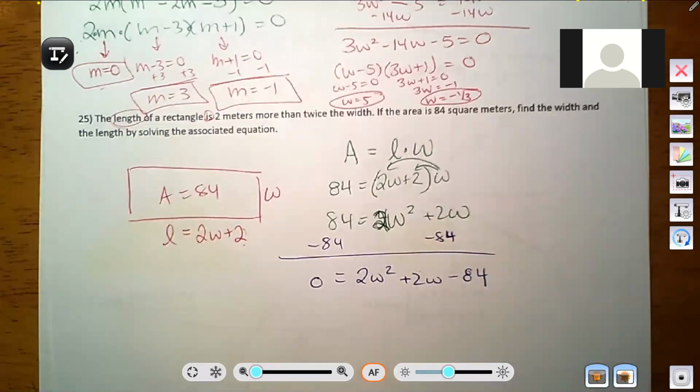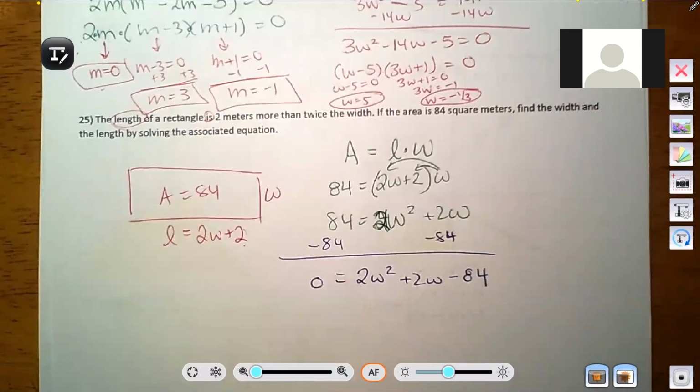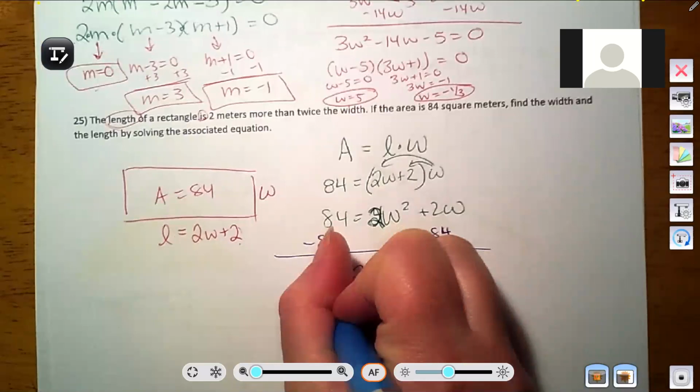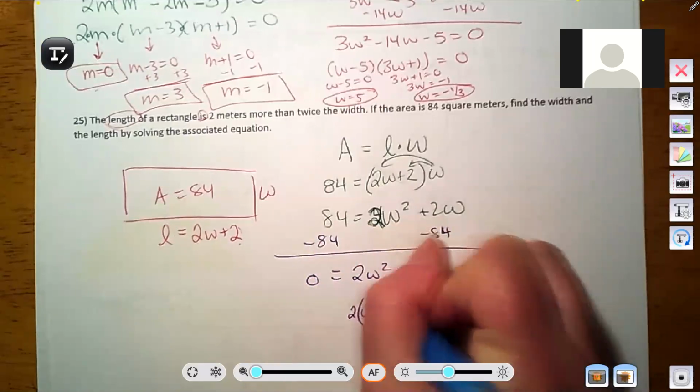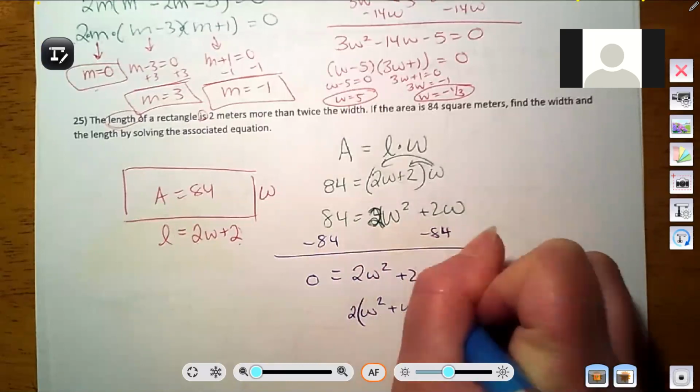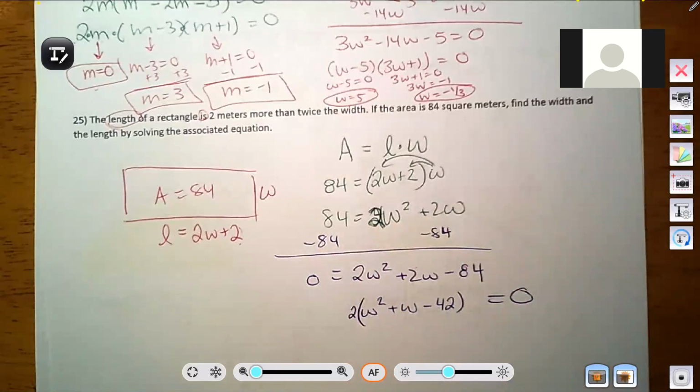If you don't like it there, you can just say equals 0 there. I'm going to factor out a 2. And I'll go ahead and just switch the equals 0. It's a little bit more comfortable for some people to have it over on that side. And then I can further factor this.